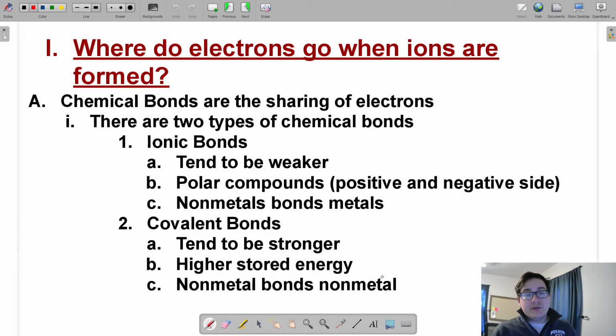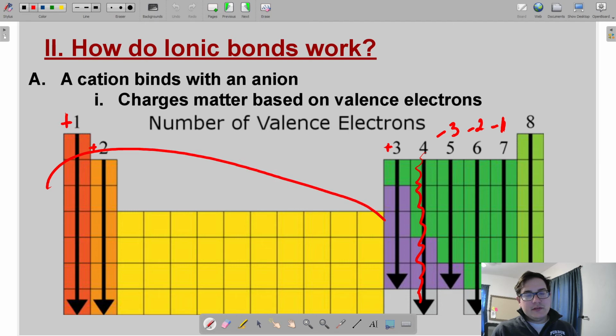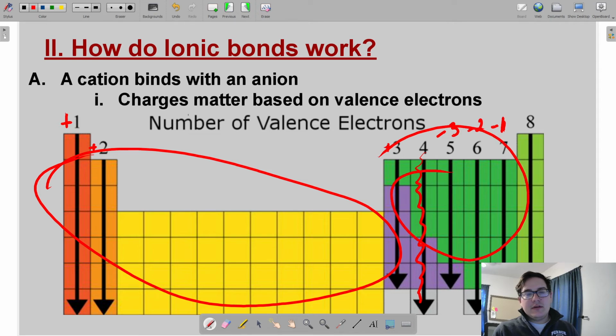The one thing I want you to always do when you're trying to figure out what kind of bond is being formed is look at the elements involved. An ionic bond is always going to be a nonmetal to a metal. If we find a metal, this whole left side of the periodic table, bonding with a nonmetal, this right side, it would be an ionic bond.